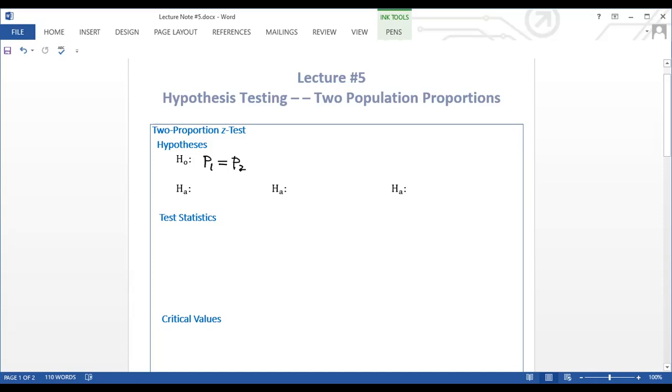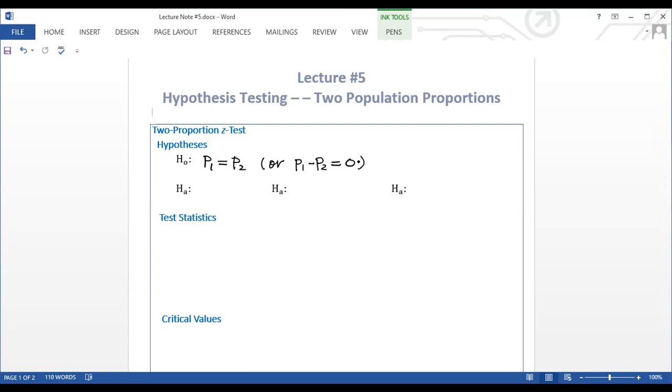That means these two populations have the same proportion. Or sometimes you will write P1 minus P2 is equal to zero, meaning these two have no difference.